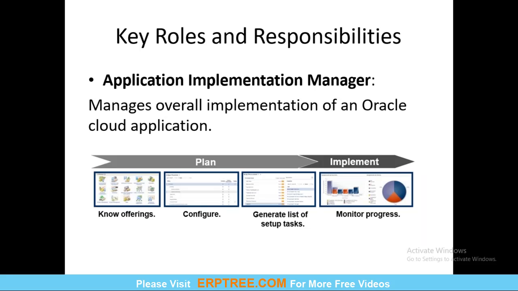That way you can administer the entire project by looking at the monitor progress. So these options are available for your implementation manager. That is your application implementation manager role.